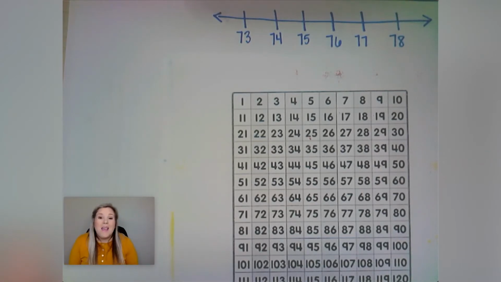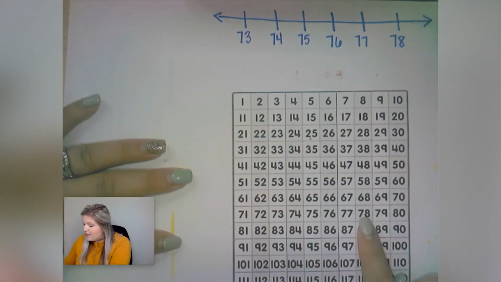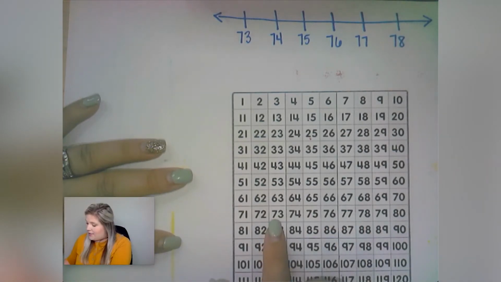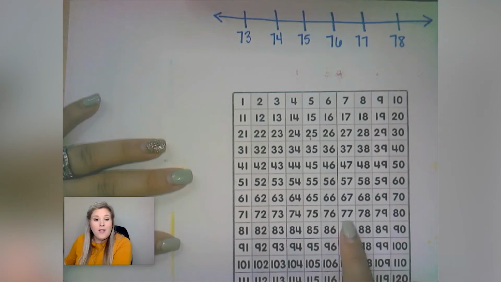Right. They both help us count, and we can count on both of them from 73 to 78. 73, 74, 75, 76, 77, 78.